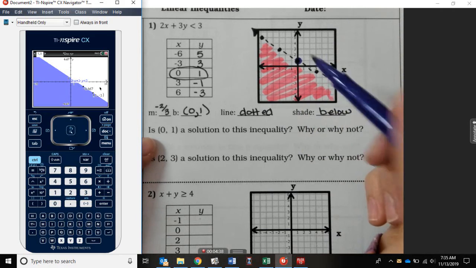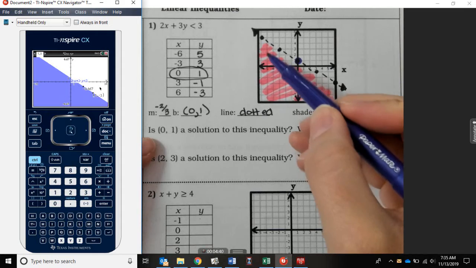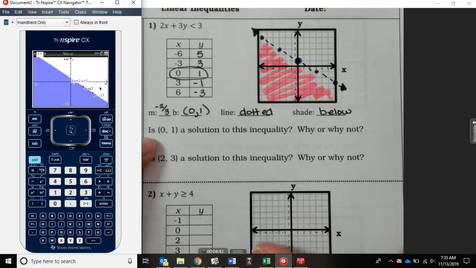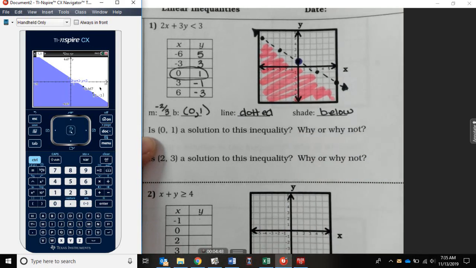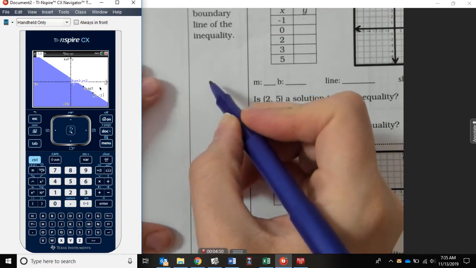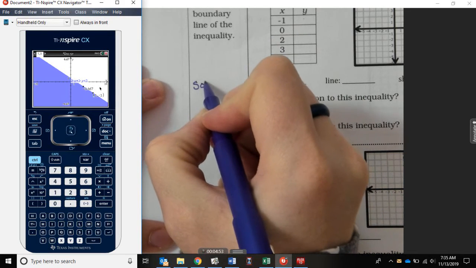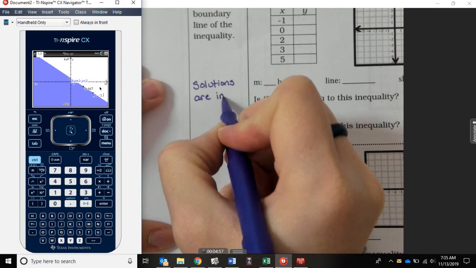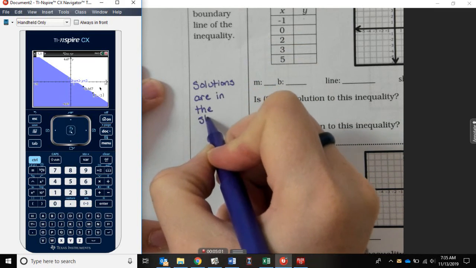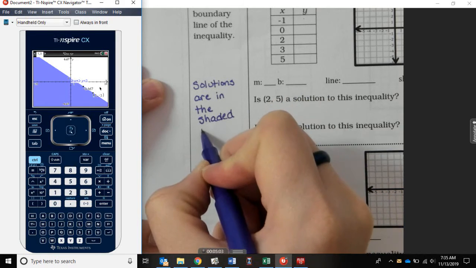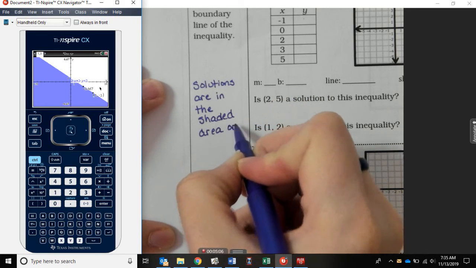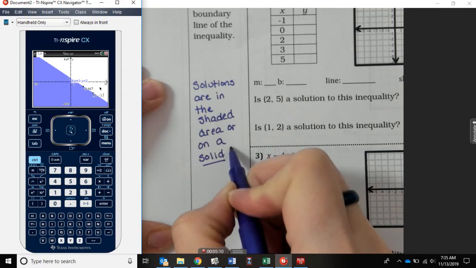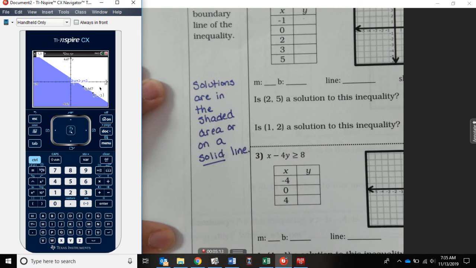So what we need to talk about is, where are solutions? Solutions are in the shaded area or on a solid line. Okay? So I'm going to come down here onto the side, and we're going to write that out. Solutions are in the shaded area or on a solid line. Okay.